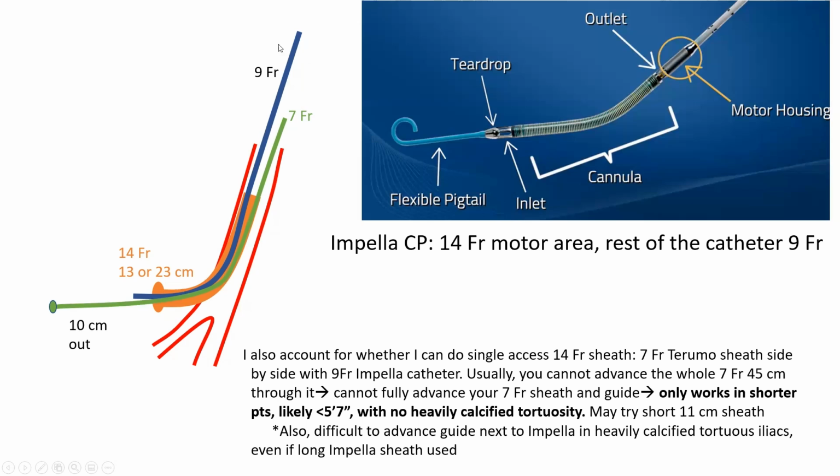Putting the long Impella sheath doesn't necessarily help, because that long Impella sheath in tortuous and calcified aortoiliac arteries can get kinked and can make it hard to put another sheath next to it. So I consider aortoiliac calcified tortuosity, and I consider the height of the patient.